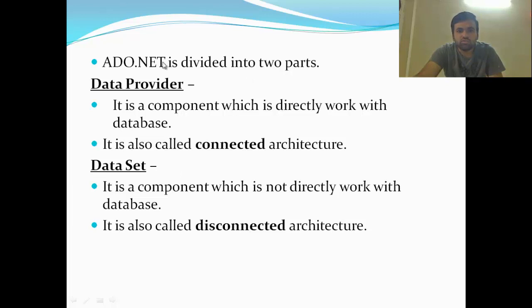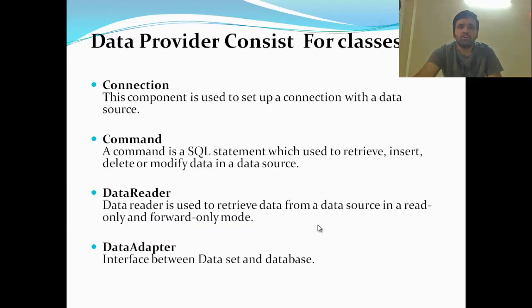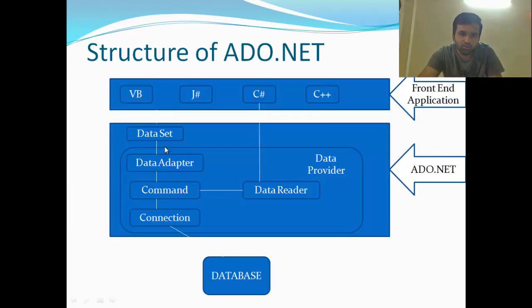In the next point, data provider is also called connected architecture and dataset is called disconnected architecture. Why it is called connected and disconnected, we will see later. Now we are moving forward to data provider. Here we can see in the image, data provider has four classes: data adapter, command, connection, data reader.